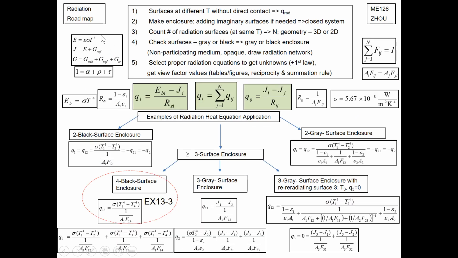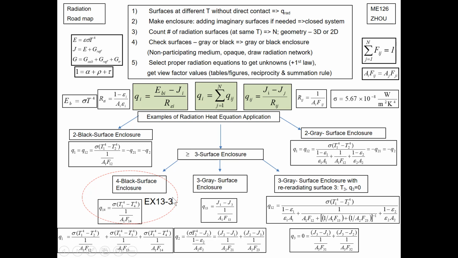Now we go to radiation roadmap. It includes solution steps, enclosure categories, and radiation heat equations. There are 5 enclosure categories: 1, 2, 3, 4, 5.